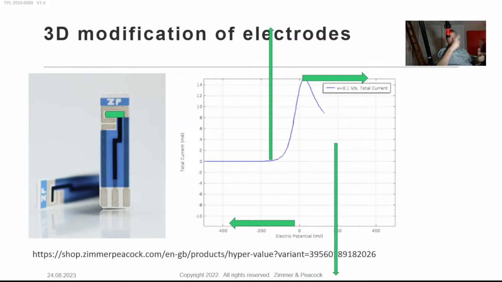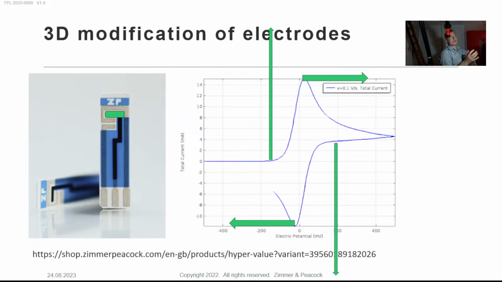So if I was to go backwards slightly, you've got a new novel material. You want to show that it's an improvement over just a 2D electrode. A 2D electrode, for example, would be a screen printed electrode like the one I've linked to here. You would characterize it, if you were publishing a paper, and then you would 3D print over the top of it.